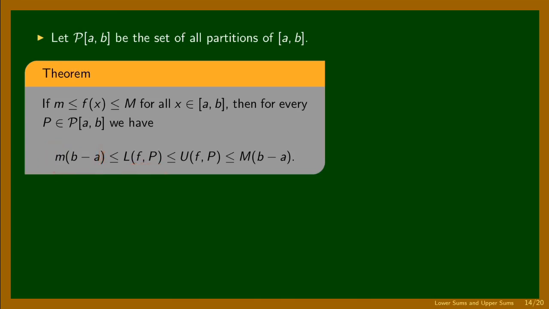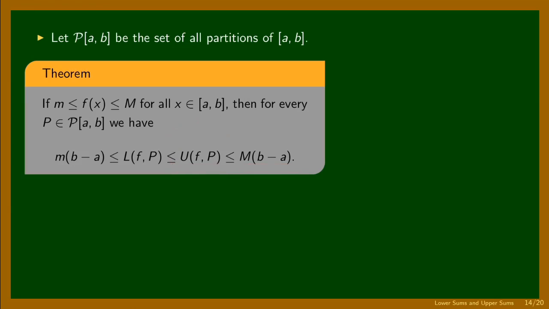On the other hand, yung big M times (b minus a) is always an upper bound for all the possible upper sums. Of course, this is trivial, right?